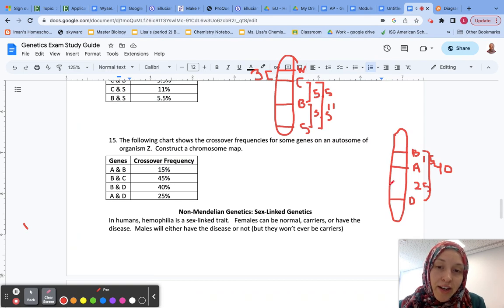I would accept either answer of C being here. Oh, wait, that's 45 away, right? So 45 away would be here, because B to D is 40, so C must be 5 more than that to be 45.